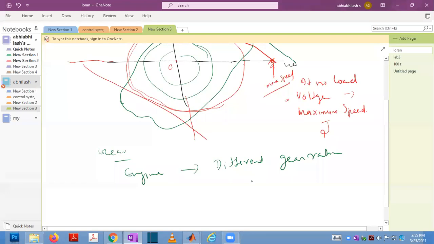They change the gear ratio because the engine is constant and the load is changing. If you are using a hatchback or something like that, the entire mass is increasing. So with the same engine and same gear ratio, you cannot drive the motor with that speed.